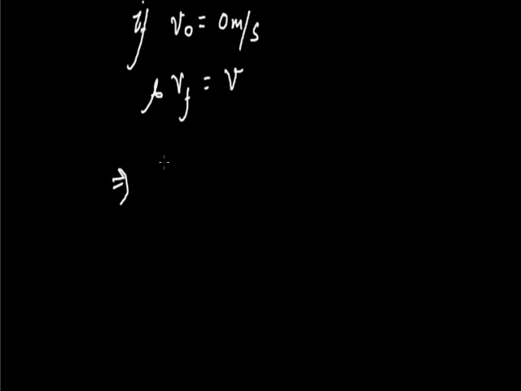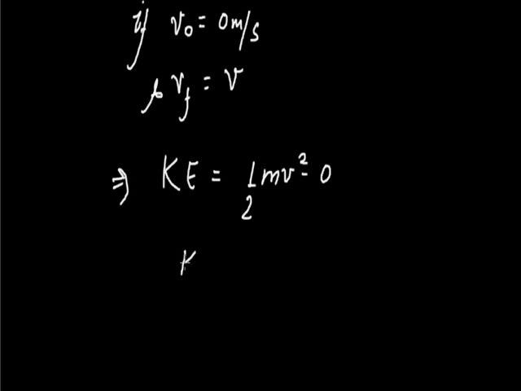So if the initial velocity of the object was 0 meter per second and the final velocity was v, then the change in kinetic energy, or the kinetic energy acquired by the object, will be half m v square minus 0.